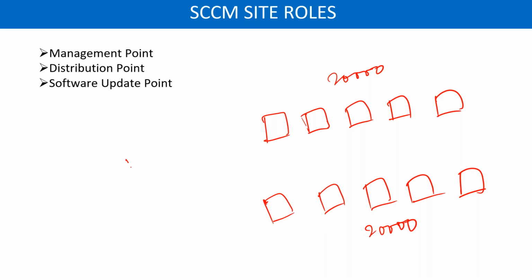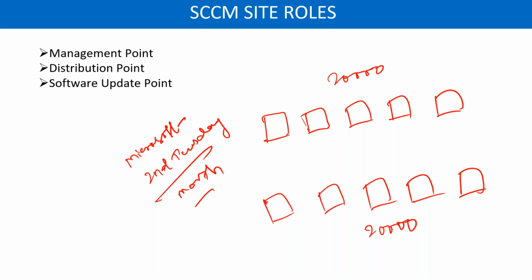Microsoft is releasing updates on the second Tuesday of every month, for its operating system, for its applications, for all its products.